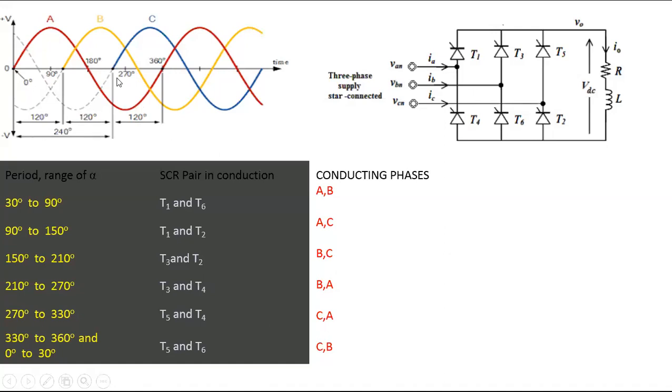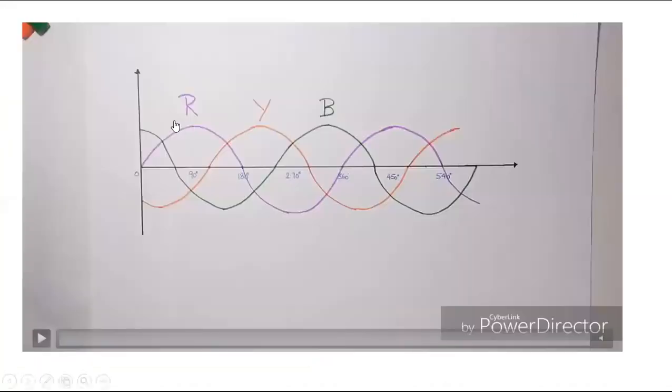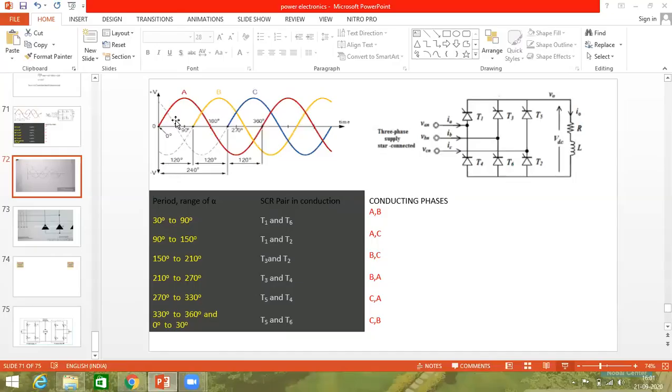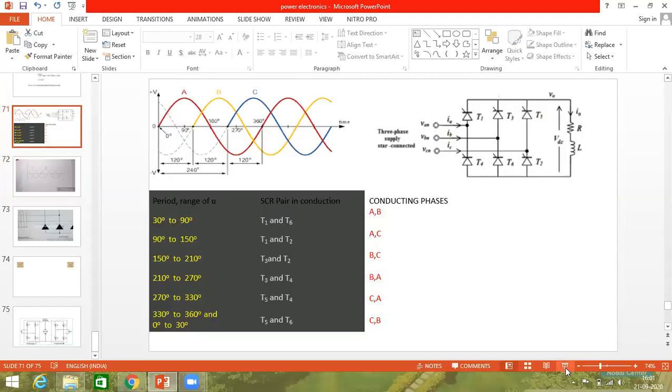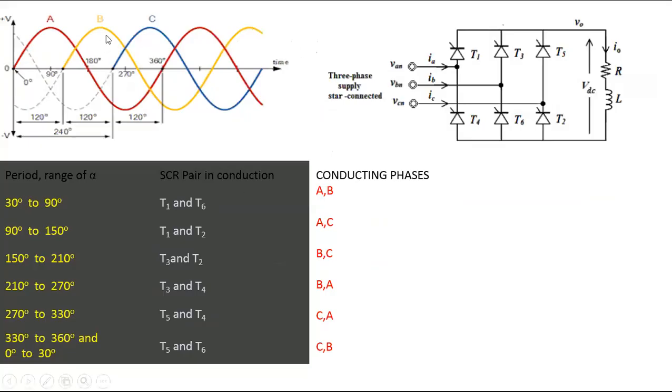Next challenging one, from 210 to 270. Each SCR conducts for 60, that's why you have to take 60 here. Come on, where is 210? Yes, 210 to 270, 270 is here.